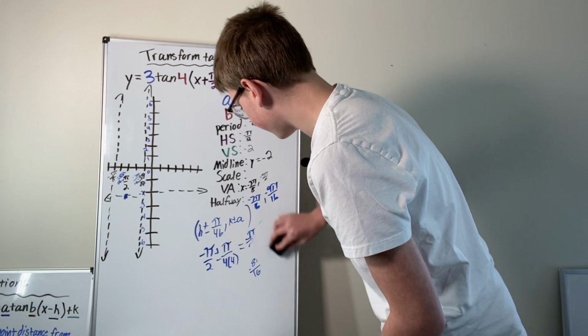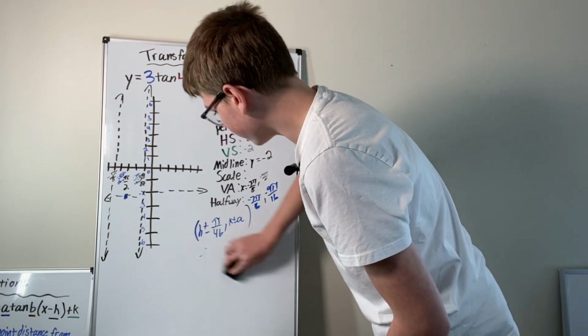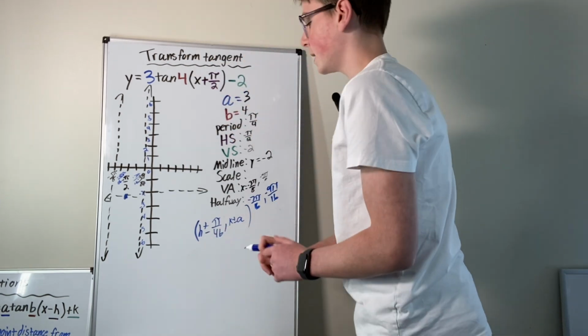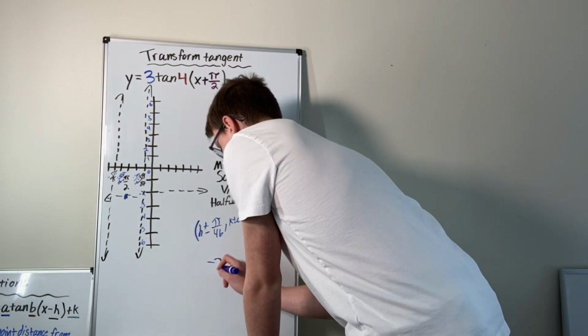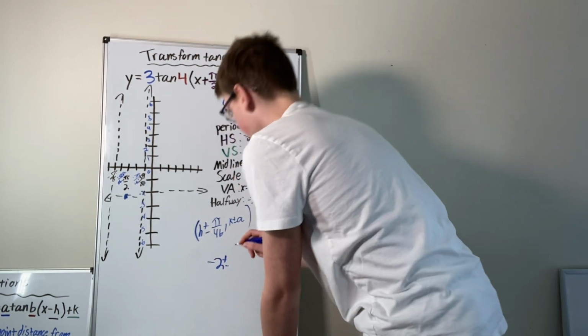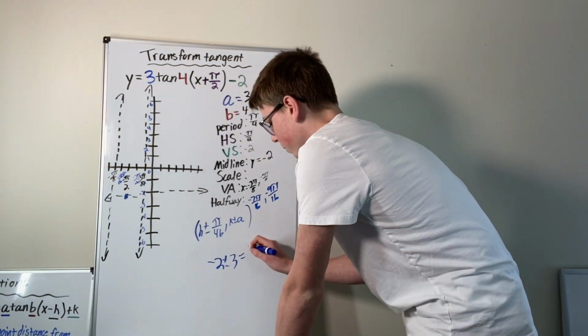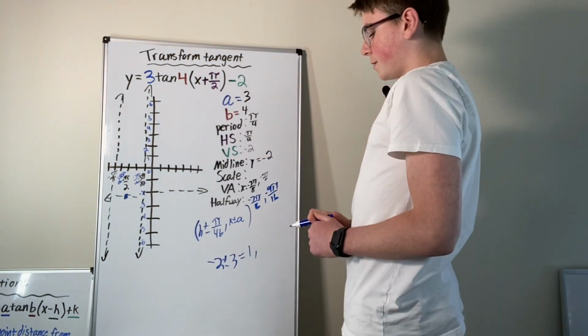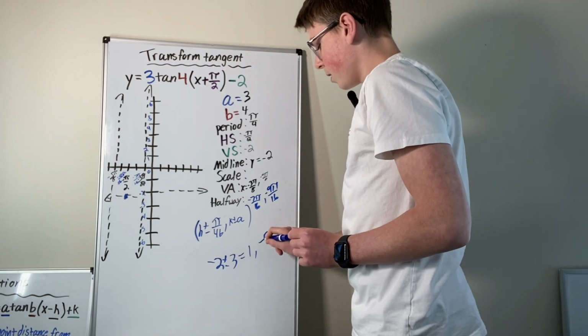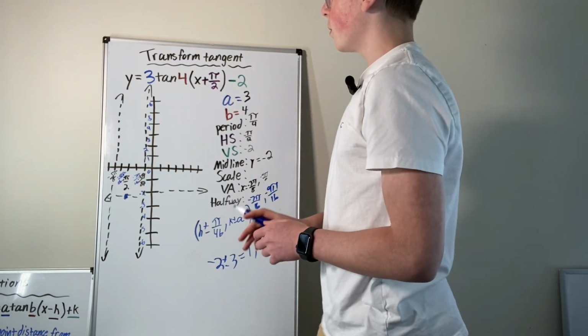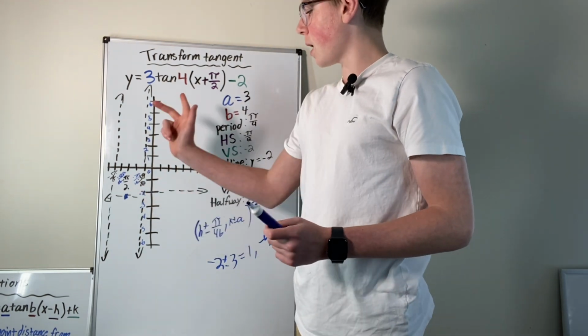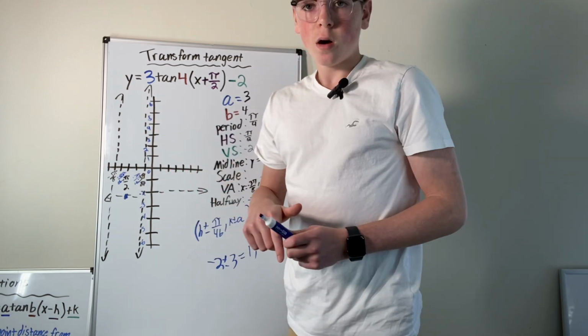Now we have to do k plus or minus a. Well, what's our k? Our k is negative 2, which is our midline. So negative 2 plus or minus a, which is 3: negative 2 plus 3 is 1, and negative 2 minus 3 is negative 5. Remember, when a is positive, we're going up on the right side and down on the left side.